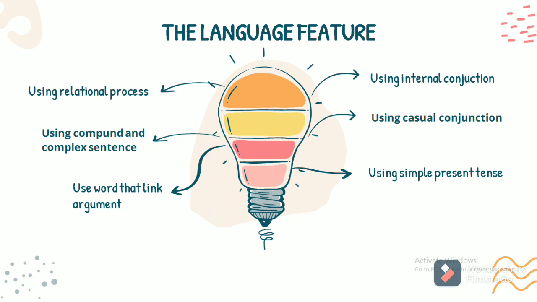Sure, analytical exposition text uses it because it is used to state an event or opinion that is a reality and habit. And when we want to state it, we should use simple present tense. Okay, next, we move to the next slide.